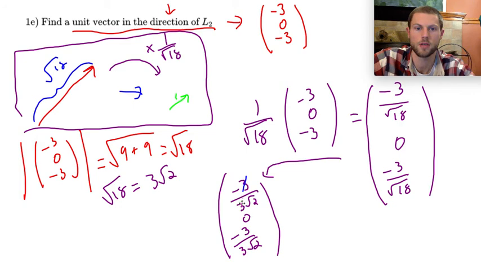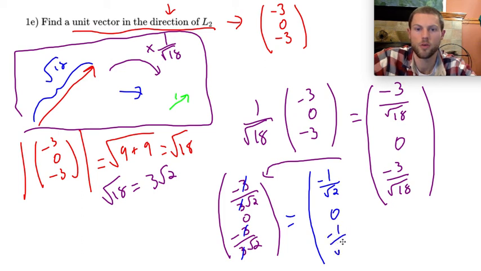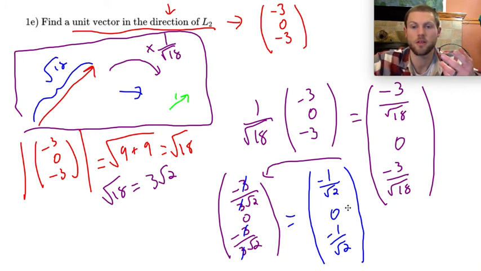This 3 cancels with this 3. This 3 reduces with this 3. So my final unit vector in the same direction as L2 is -1 over root 2, 0, and -1 over root 2. I could check the magnitude of this by actually finding the magnitude of this direction, and it should come out to be 1, and I believe it actually does. So there's the unit vector.